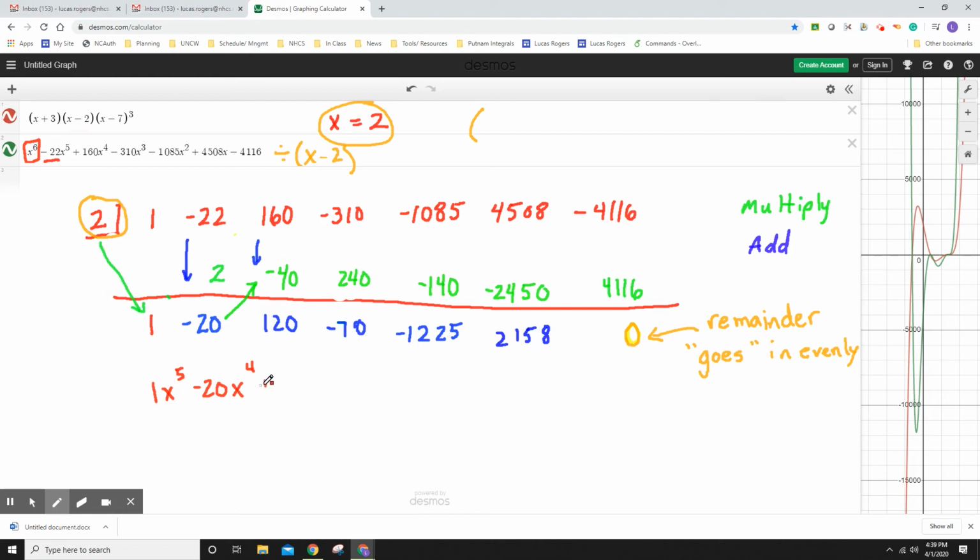So this will be plus 120 x to the 3rd minus 70 x squared minus 1225 x. And then this will be our constant term, so just plus 2158. And because the remainder was 0, there's nothing after this. This is just the new equation that is graphed here in red in this picture.